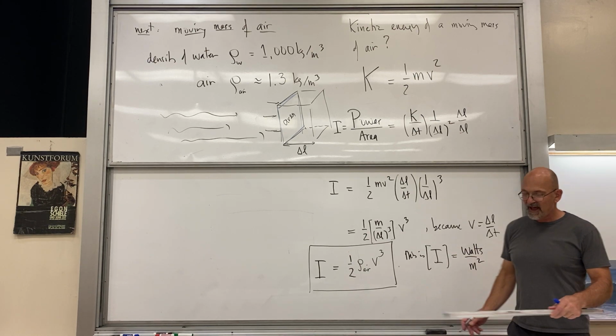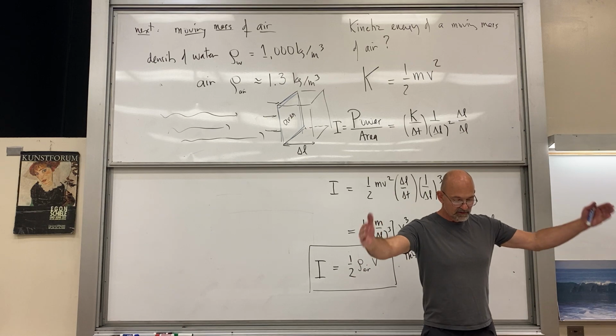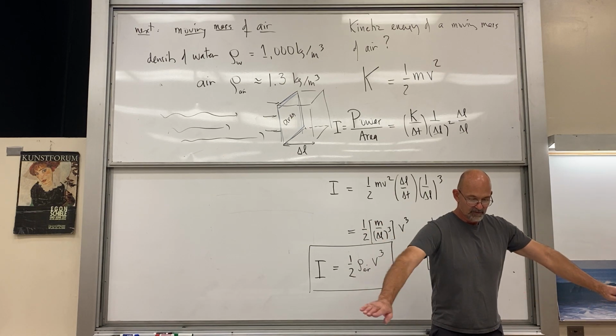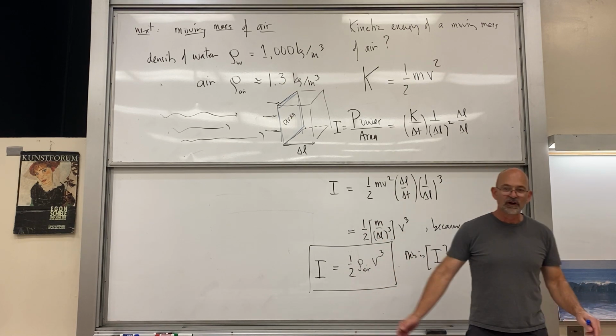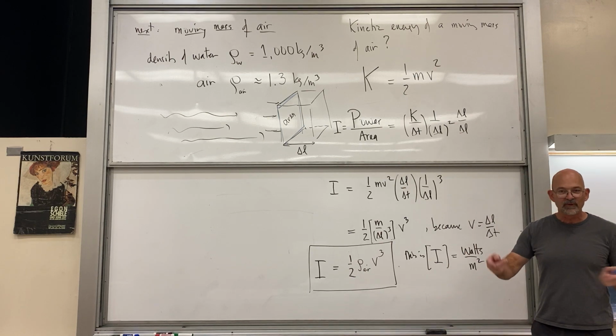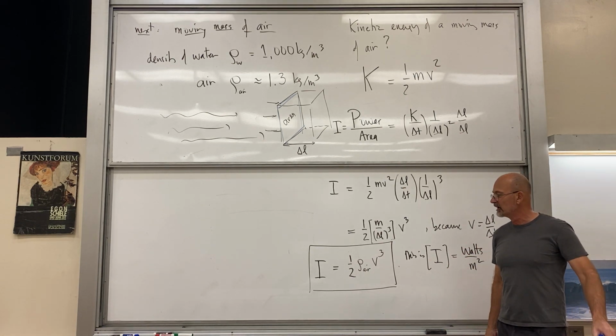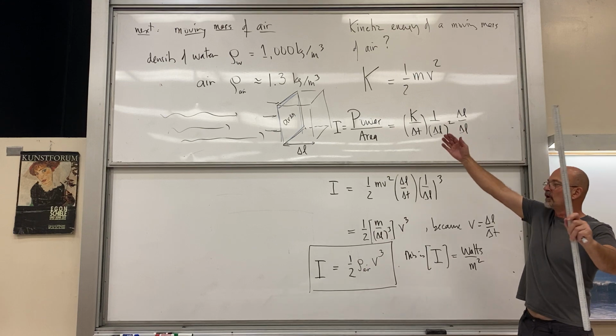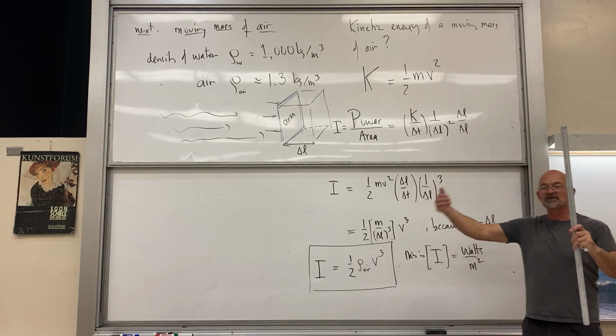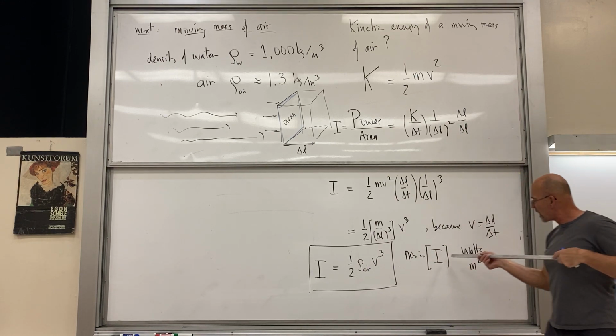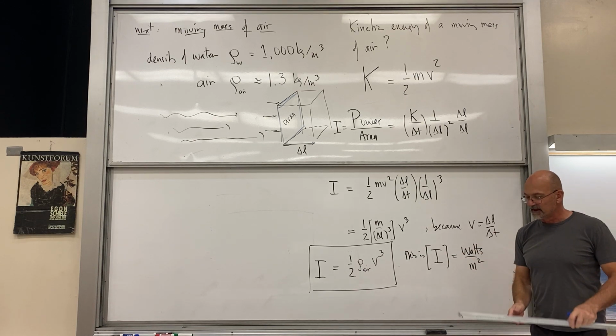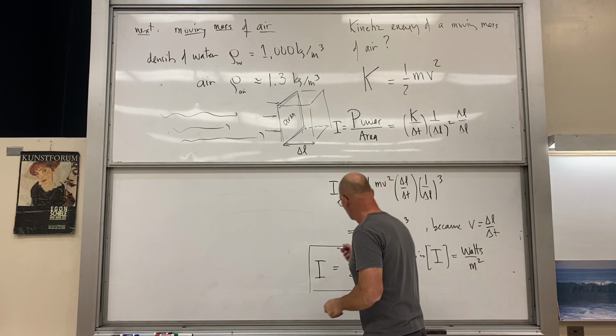So if I lay a square meter absorber here on the ground at noon, then remember I was getting 1,340 watts per square meter. And here I'm saying if I have a window of one square meter and air is rushing through it, that's how many watts per square meter I have right there. Make sure we put this in a box.